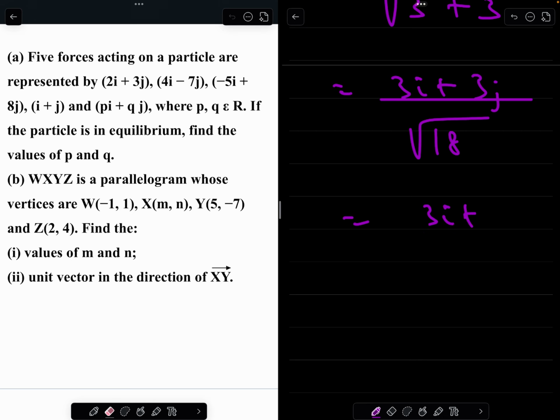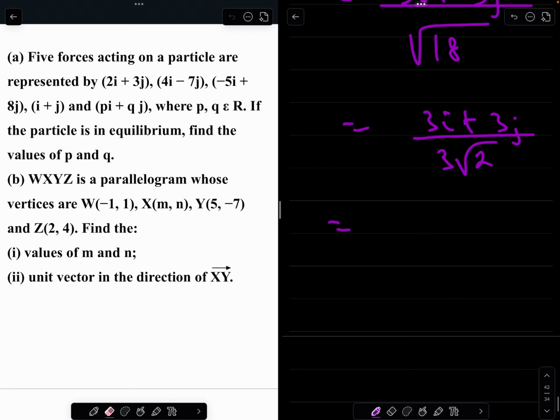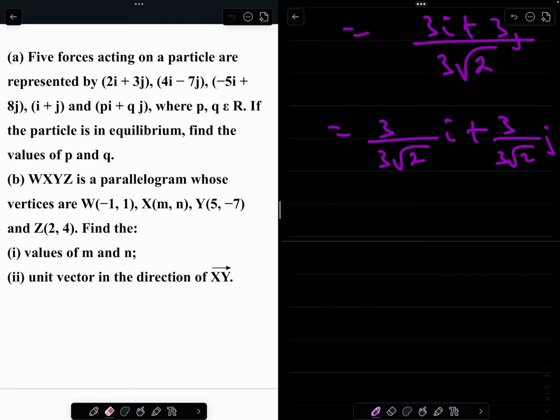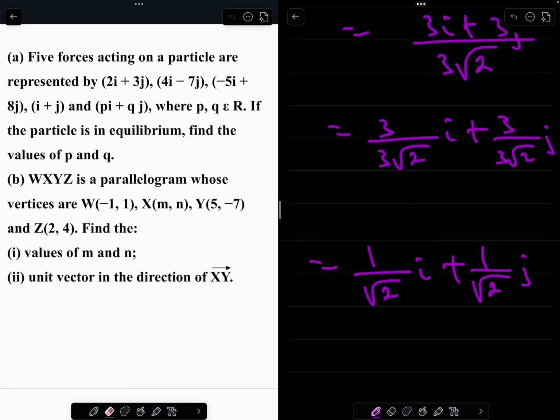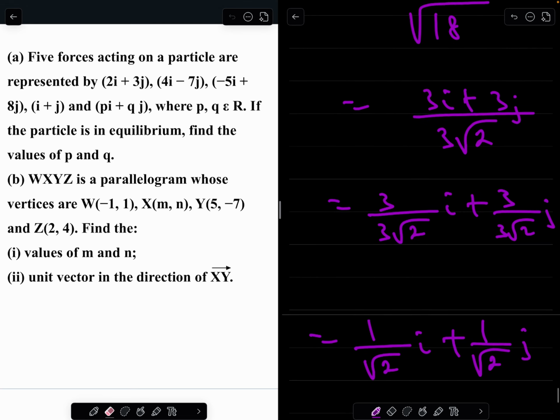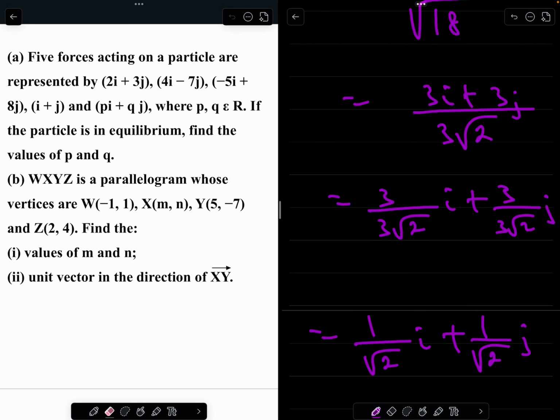So that means 3i plus 3j divided by 3 root 2, which we can write this way: 3 over 3 root 2 i plus 3 over 3 root 2 j. And that simply means that's equal to 1 over root 2 i plus 1 over root 2 j. And that's a unit vector in the direction of xy. That's it, very, very simply.